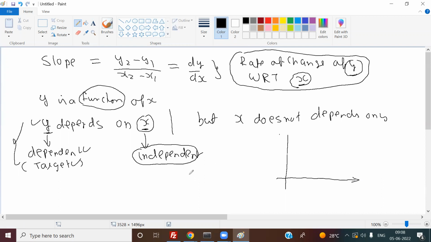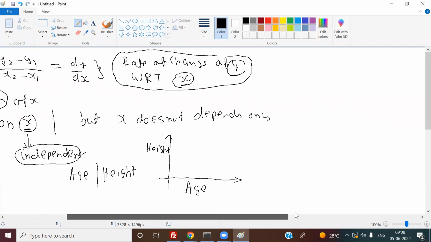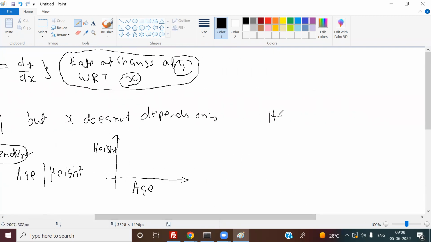So for example, if I want to plot age and height, where would age come? Will it come on the x-axis or the y-axis? X-axis, because height depends upon age, and not vice versa. But if I have to plot height of the person and weight of the person, what would be on Y and what would be on X?